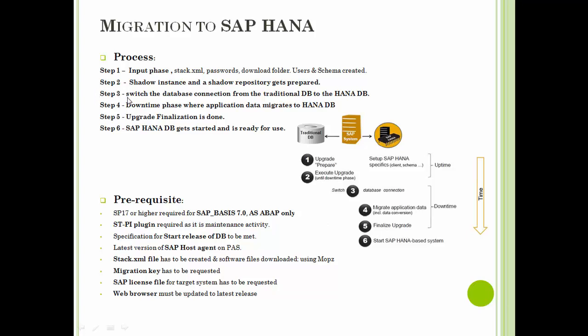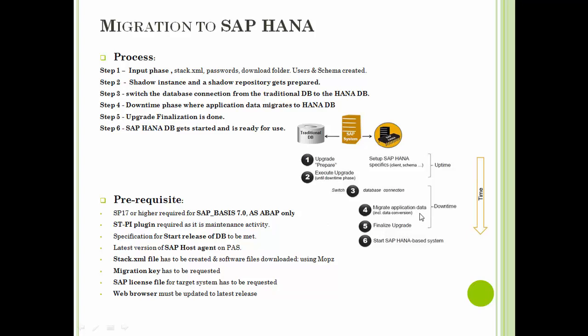No doubt in step 3, the database still will be running, but cannot be used for any changes or for making any new entries to the database. And step 4 is the actual migration, where the complete switch takes place.